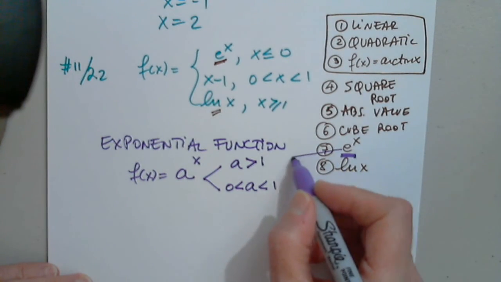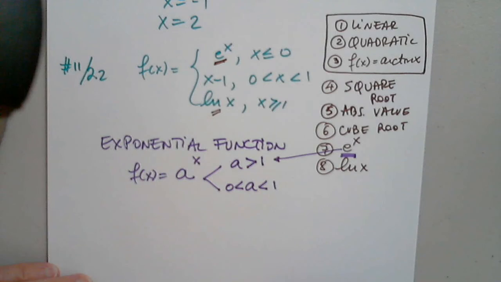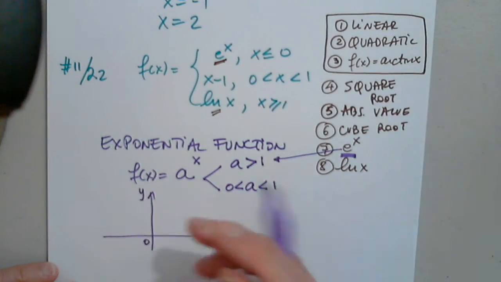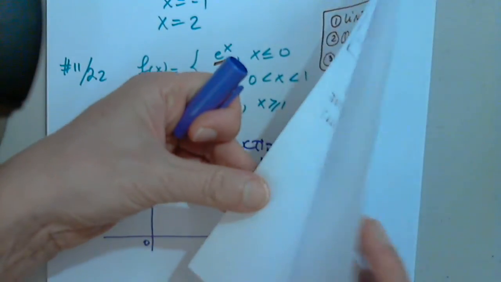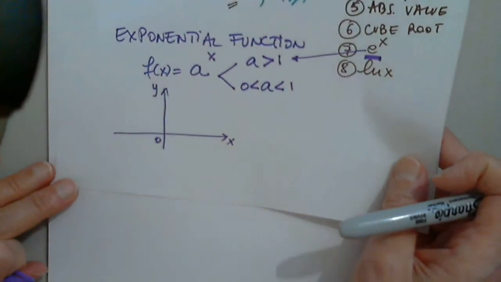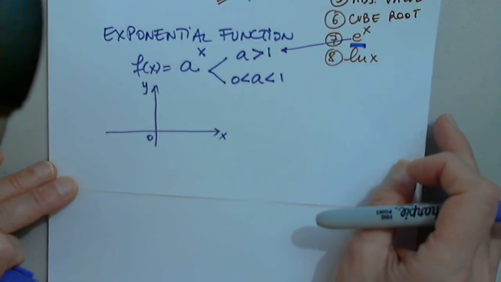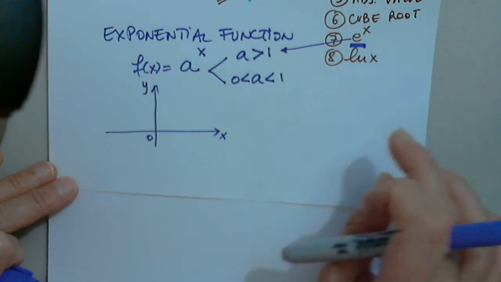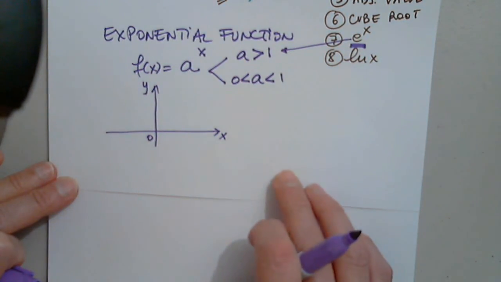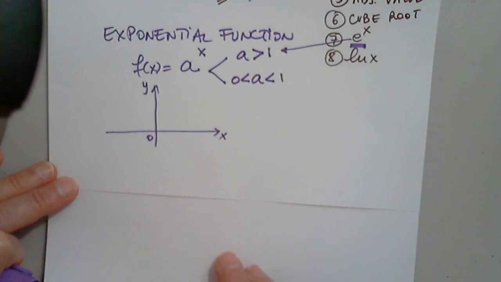e to the x fits this category, meaning this. Please, when you graph anything, here I'm not graphing a function, I'm just showing the shape. Remember the 4 steps: domain, table of ordered pairs, graph, and range. If I don't see those 4 steps, I can't give any credit, so sorry.